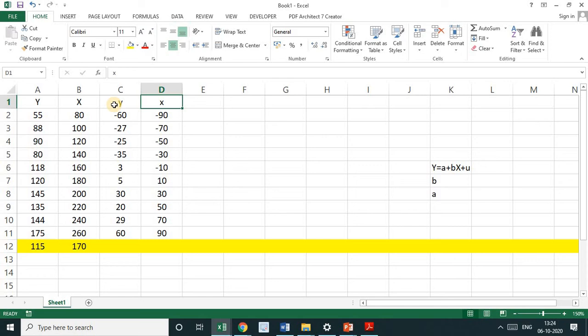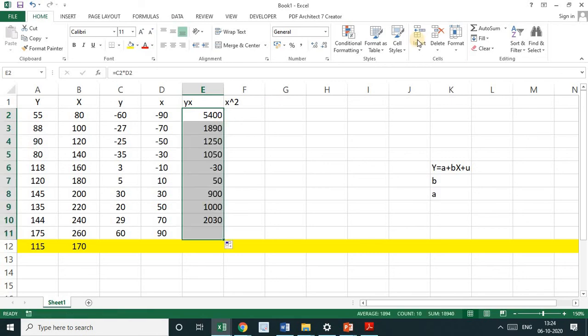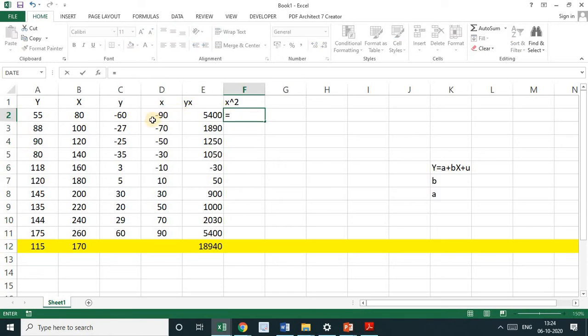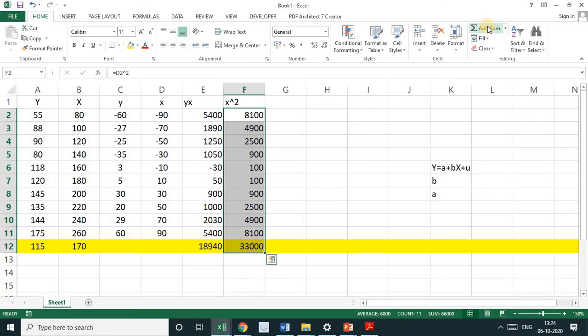Small y is nothing but the deviations of y from y bar, and small x is the deviation of x values from x bar. Then we have to find yx, and then x square. If you do it for all and sum it, sigma yx is 18,040, and sigma x square is around 33,000.